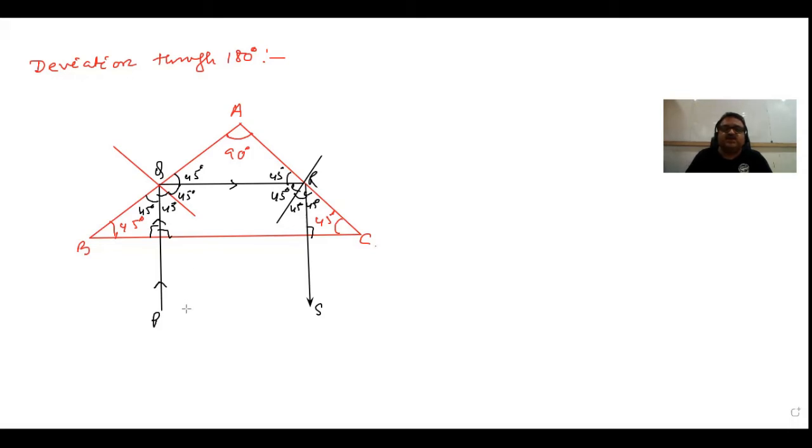Let me draw another identical type of ray, correct? Falling like this, and then it would move like this, and then it will move like this. So please mark it.